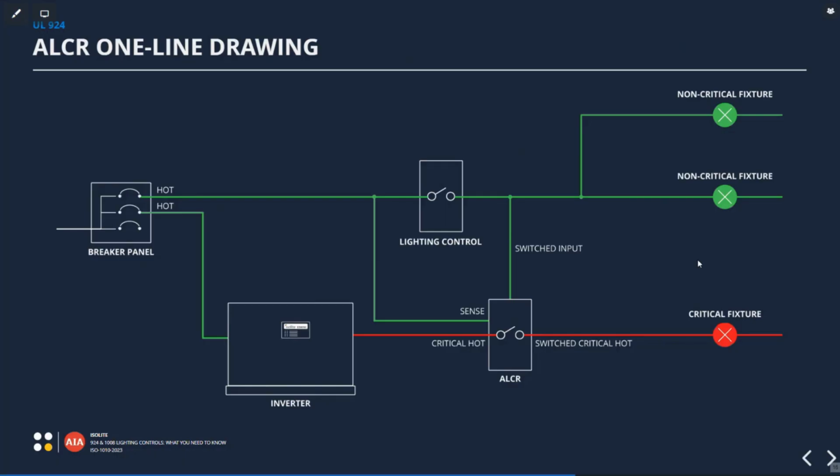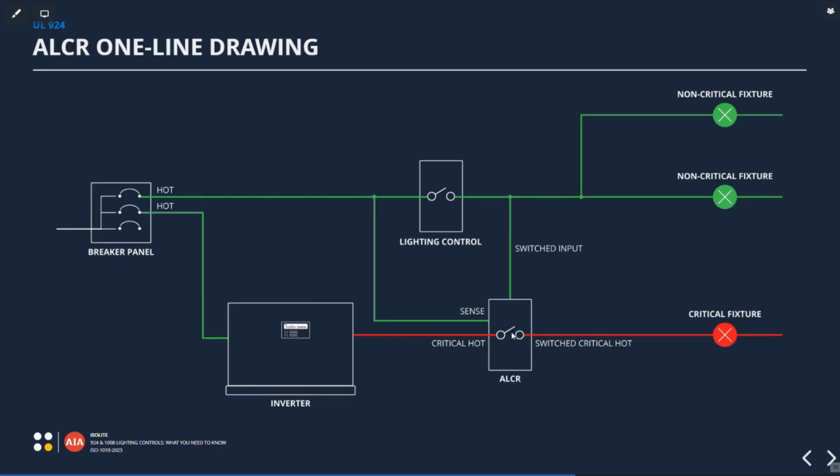So when you walk in a room and hit the switch, all 3 lights come on, and you would never know that they're actually being controlled by different switches or powered from different places. One's from the inverter and one's from normal power. You'd never know, because this ALCR mimics this switch by closing its relay and opening its relay in accordance with the switch, and it does so really fast. If you walked in a room and flicked the lights on, it's a very, very short delay that you wouldn't notice with the eye.